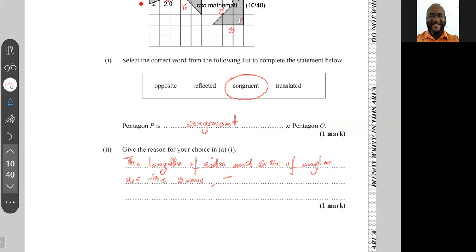Therefore, the two shapes are congruent. Turning the page.